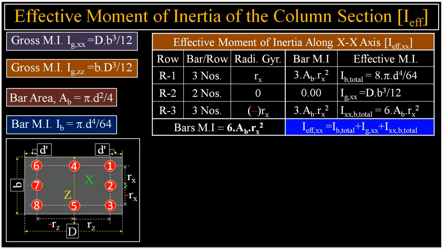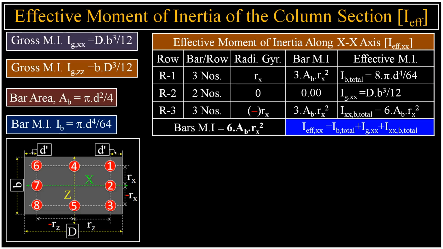The total effective moment of inertia, IEFFXX, is the sum of the total bar MI, IB total, and the gross concrete MI, IGXX, plus the moment of inertia of the bars about their own axes, IXXB total.